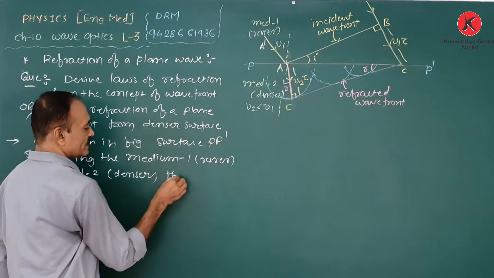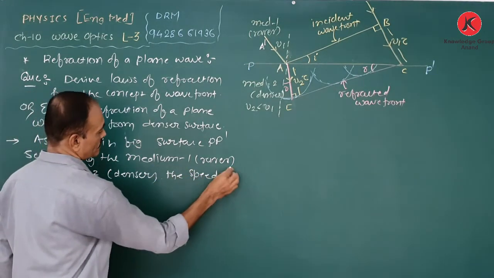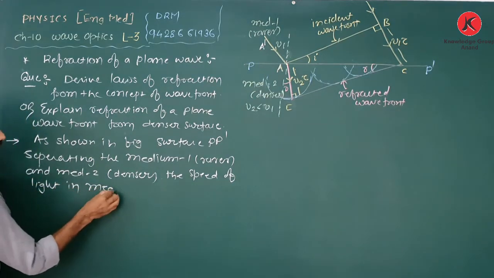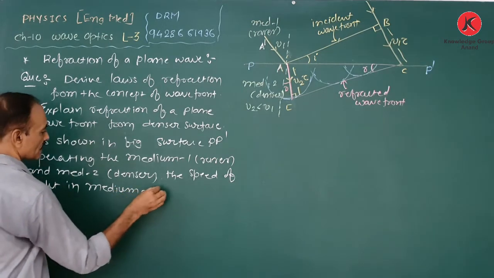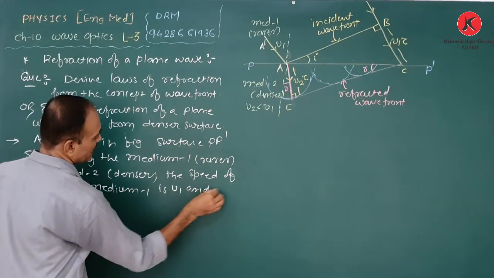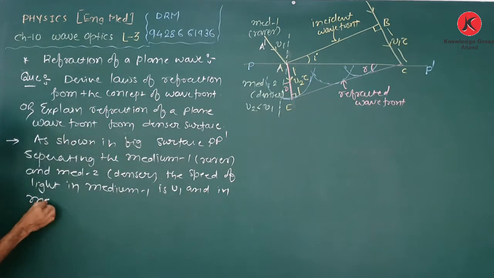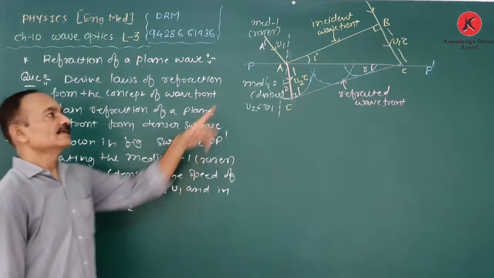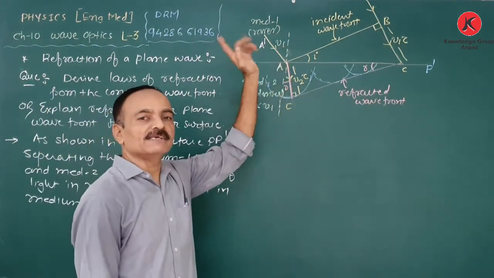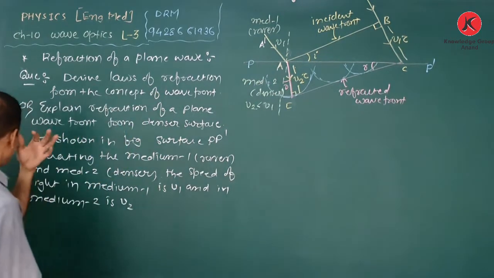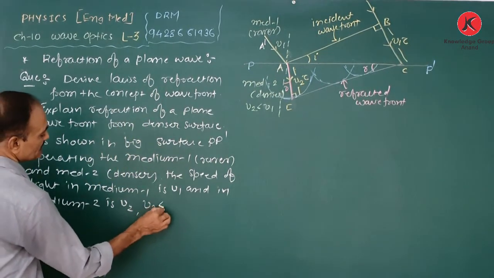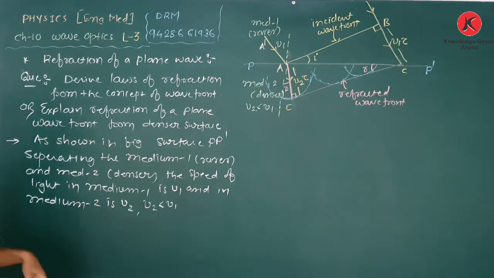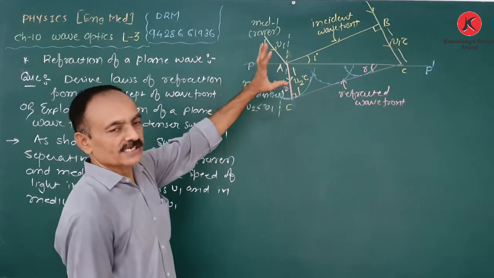The speed of light in medium 1 is v1 and in medium 2 is v2. Now listen here, the velocity of light in the rarer medium is more than in the denser medium, therefore we can write v2 less than v1. So that is the basic introduction of this figure.